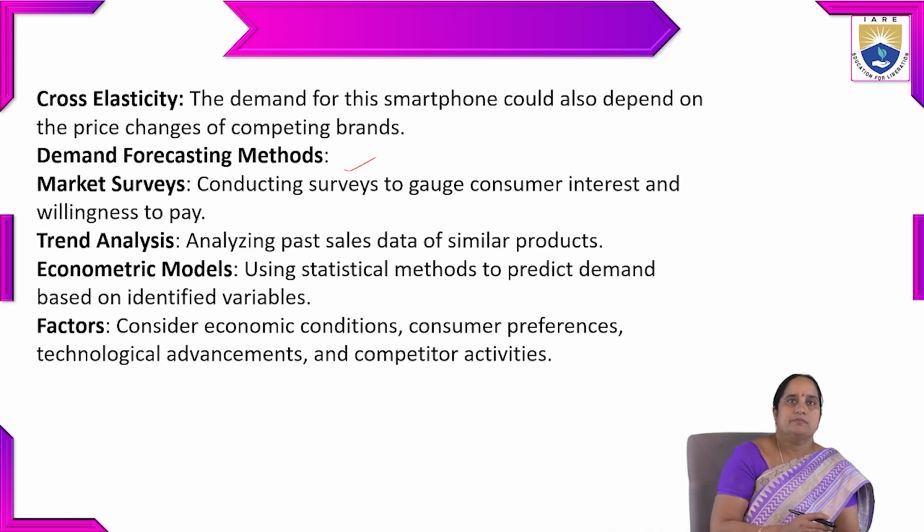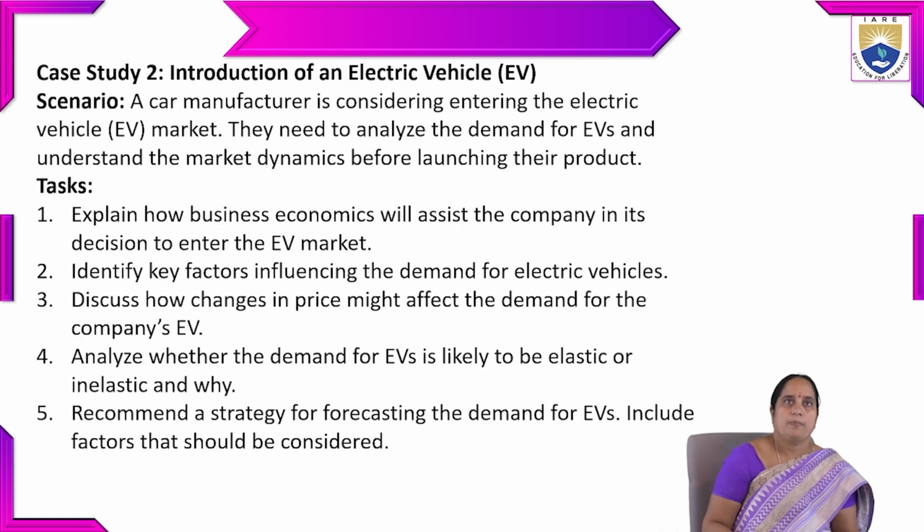Trend analysis, which is used to analyze the past sales data of similar products, and econometric models, applying statistical methods to predict demand based on identified variables. Factors to consider: economic conditions, consumer preferences, technological advancements, and competitor activities.